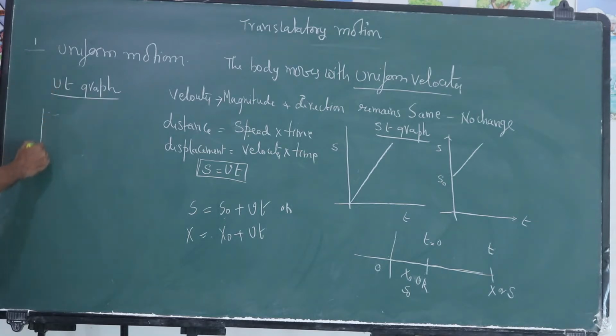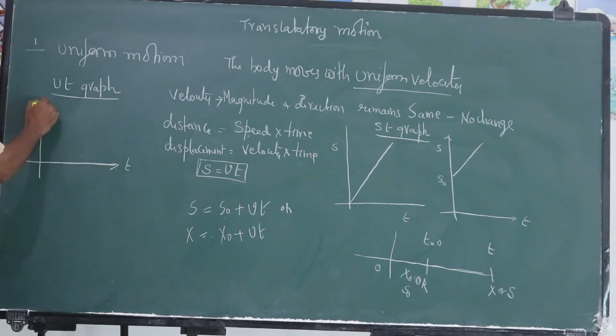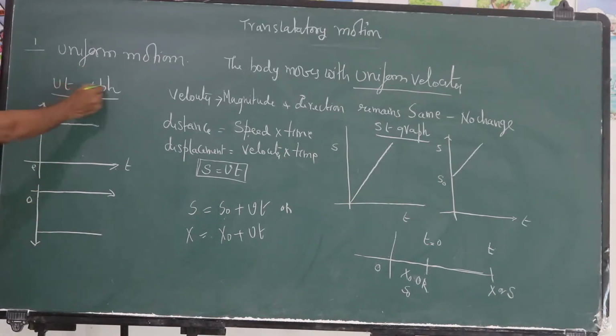So you will get this, this is the time axis, and this is velocity. If velocity is positive, then we can represent it like this. If velocity is negative, we can write it like this, below the axis. It will be uniform like this. So this is the origin. This is also the origin.